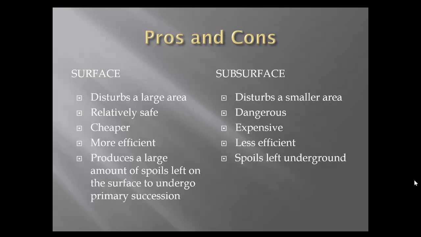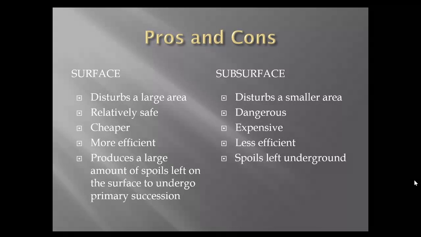Now, there's a lot of pros and cons to both types of mining. And there's a table on your document where I'd like you to write down some of the pros and the cons. So surface mining, it disturbs a very large area, moving all the overburden, the tailings, the spoils.